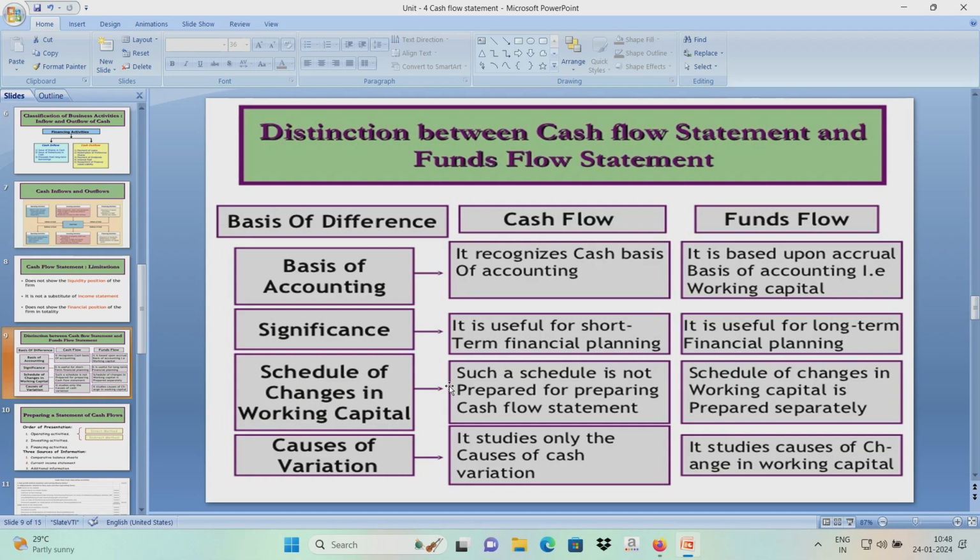And next, on the basis of schedule of changes in working capital, in the cash flow statement we never find any schedule regarding changes in working capital, but in the fund flow statement we will find the changes in working capital separately. And next, on the basis of causes of variation, we can study only the cash variations in the cash flow, and we can find the working capital variation and changes in the fund flow.